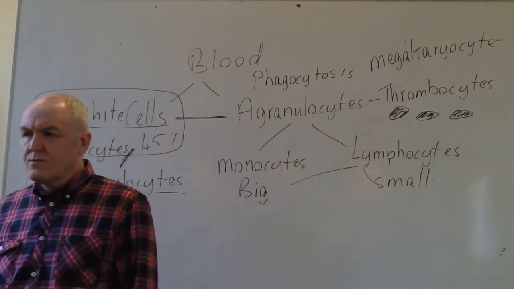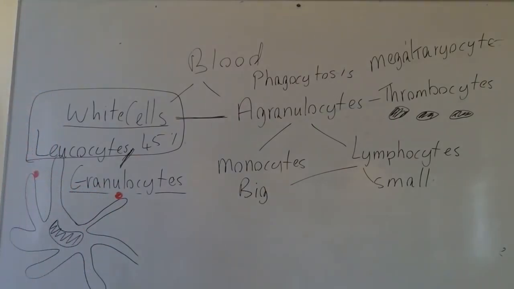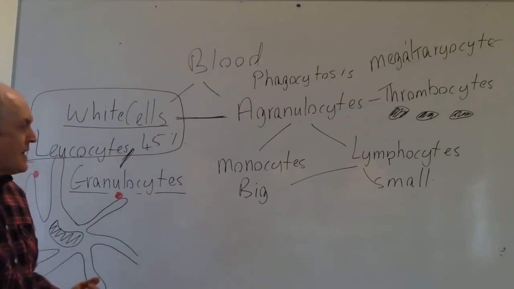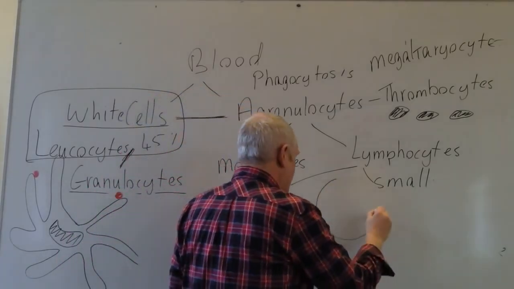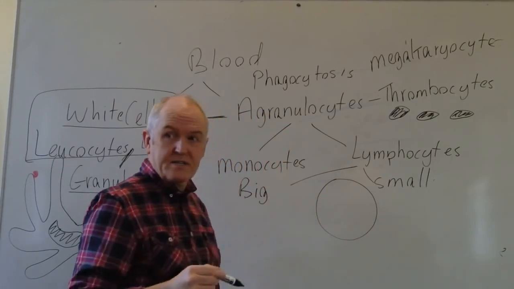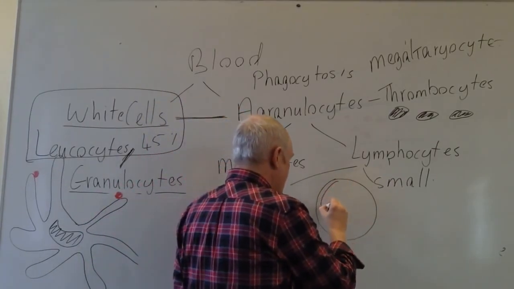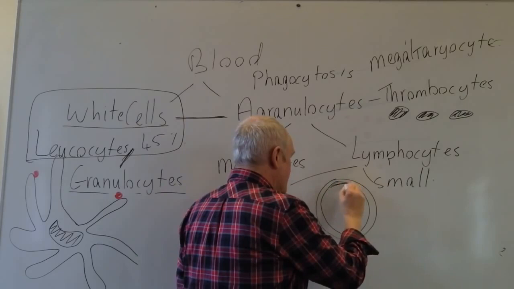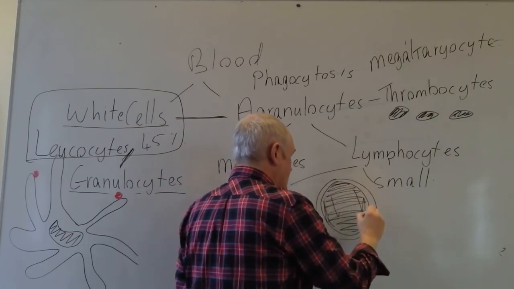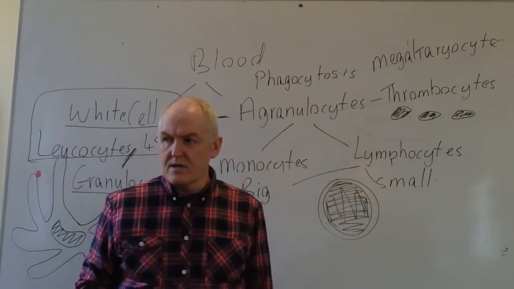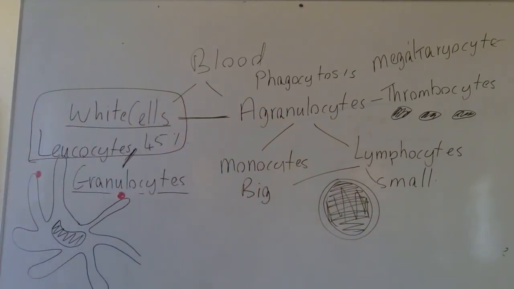So the small ones are pretty small, usually about the same size as a red blood cell, but the big ones are bigger than the small ones. Hence the name. Now the small ones tend to have a very large nucleus in comparison to the size of the cell. So a small lymphocyte would look something like that, a very large nucleus in proportion to the overall size of the cell.